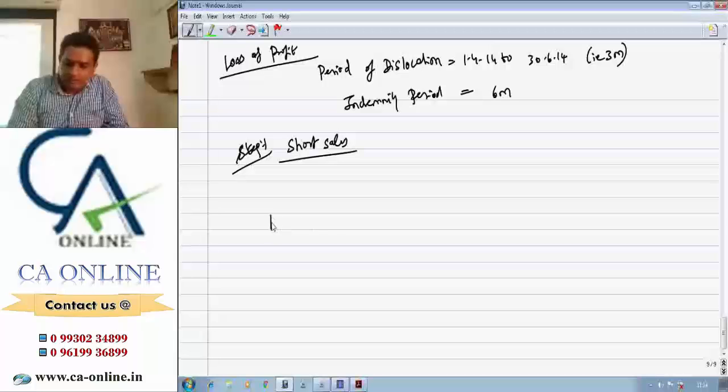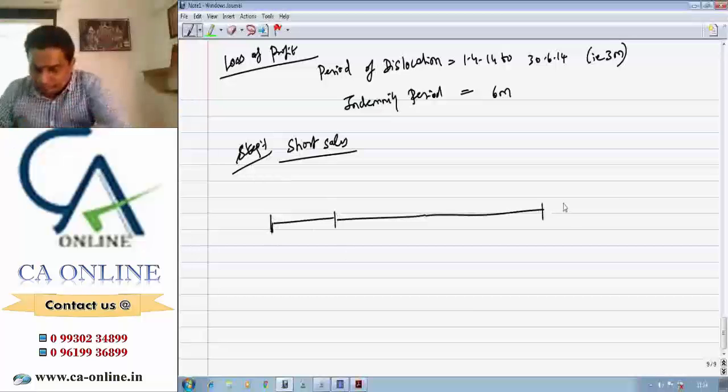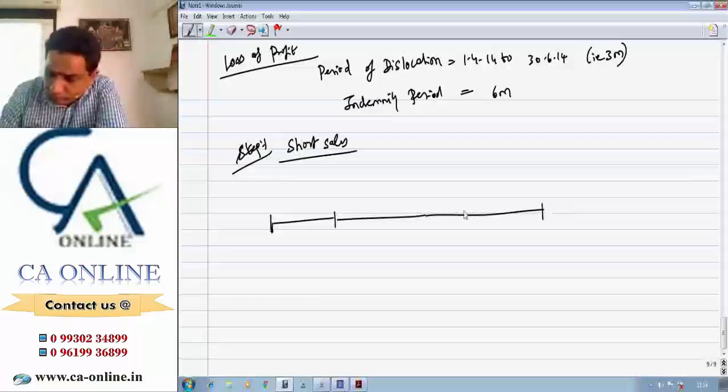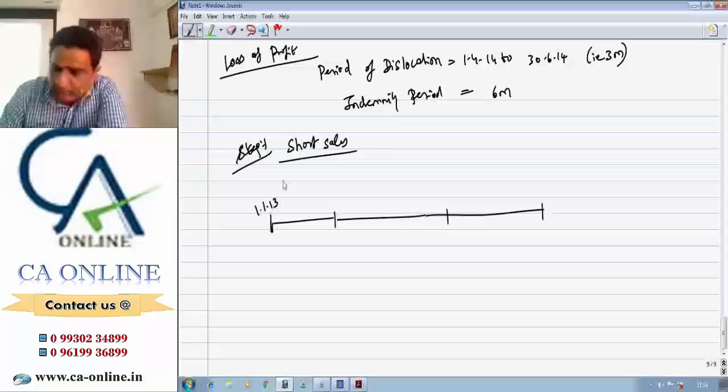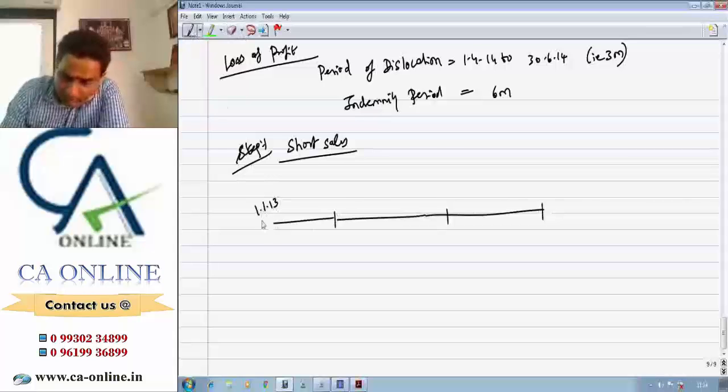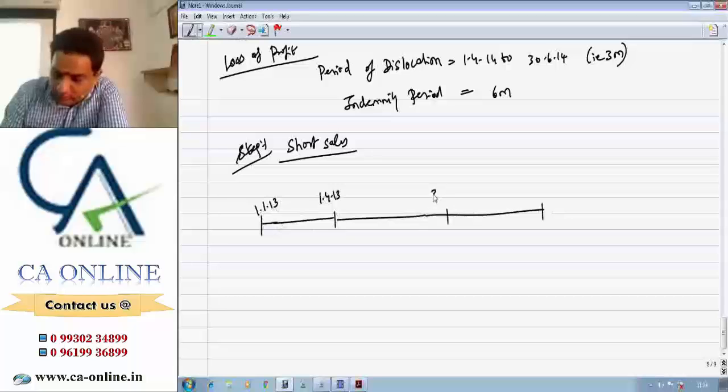So in the year 2013, don't write anything, we'll give time for copying. 1/1/13, then 1/4/13, 30/6/13. We take 31/12/13.